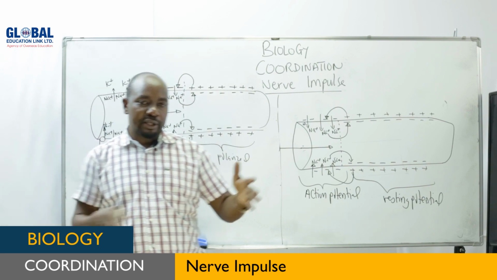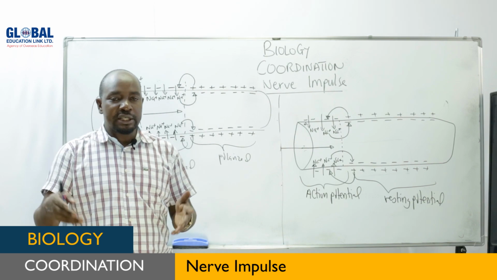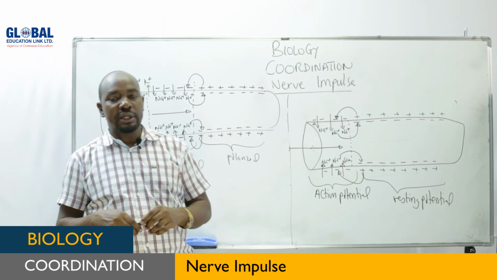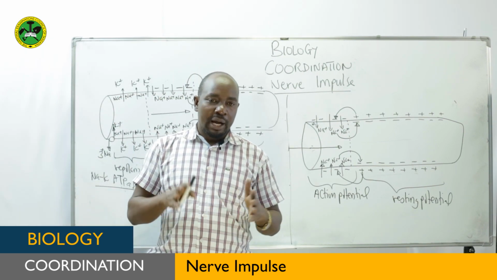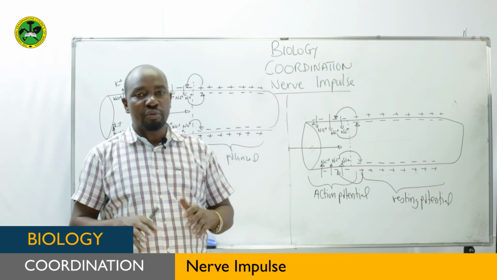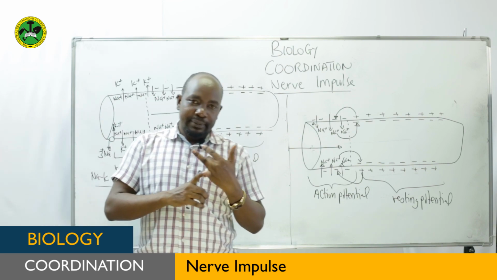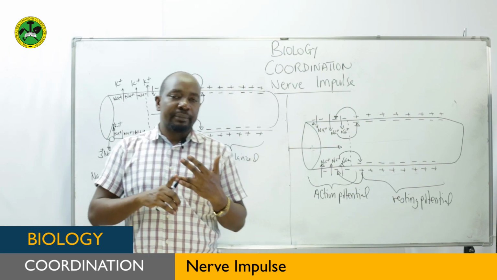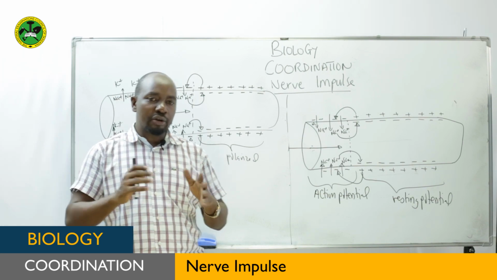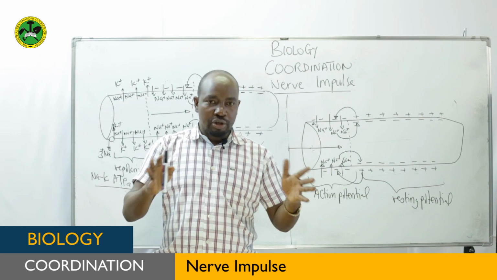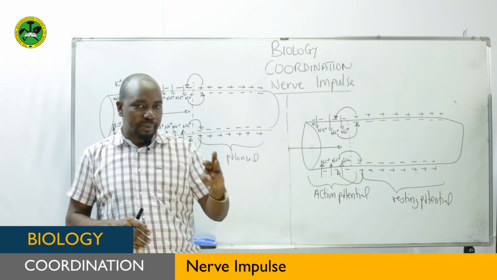Then after the passage of the action potential, this membrane tends to restore its normal charge distribution. That is the transmission. I hope by this moment you are able to differentiate the polarized membrane, repolarized membrane, and depolarized membrane. You must be able to explain the 3 terms: polarization, repolarization, and depolarization.